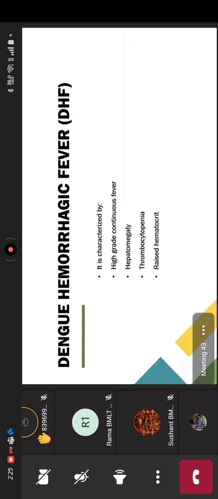The fever is in continuation, right? And a high fever. But in case of dengue fever, the patient experiences high fever once, then it slows down, then again the high fever. But here there is continuous fever, the liver will be affected, platelets will be affected, and the hematocrit value will be increased, right?